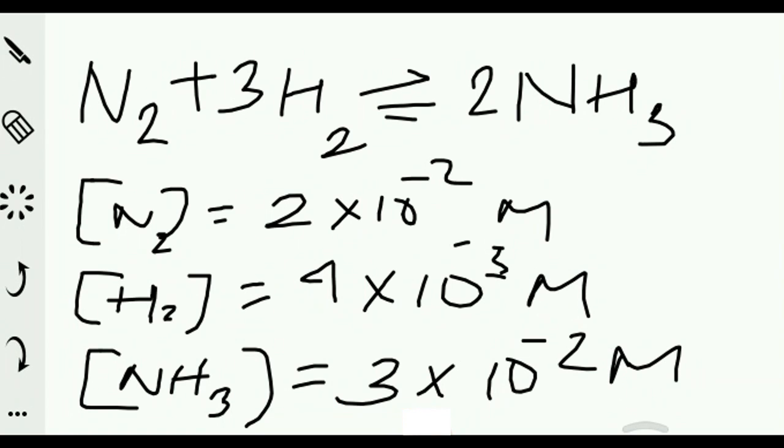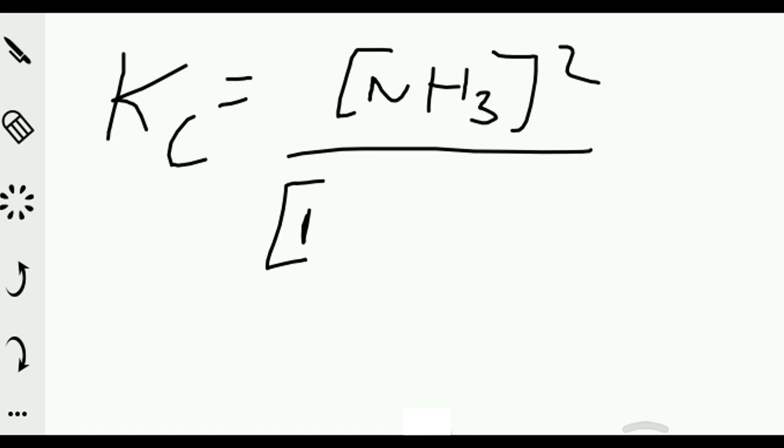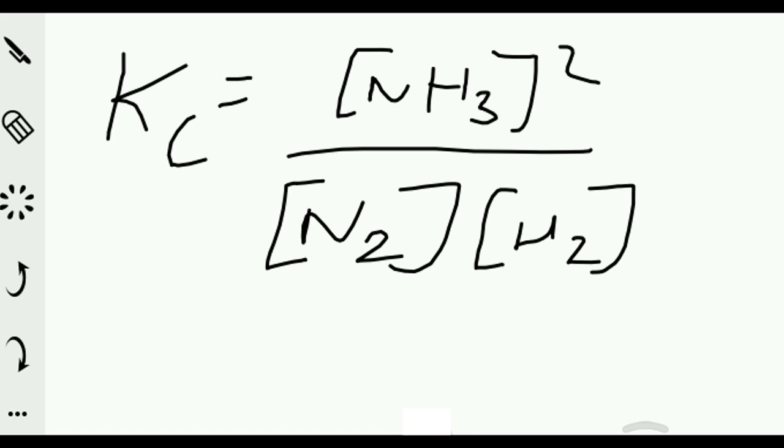Now let's consider a question: N2 plus 3H2 gives 2NH3, in which all three are in gaseous form and the concentrations are given below. Let's see how to write the equilibrium constant. Kc is equal to the concentration of NH3 raised to the power 2 divided by the concentration of N2 into the concentration of H2 raised to the power 3.